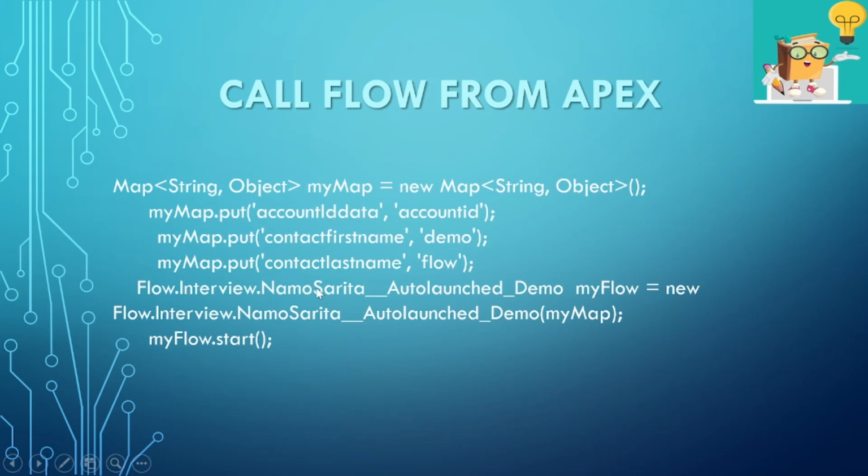So basically an interview instance of the flow. It will be something like Flow.Interview.APIName of your flow, and then in the function you can pass the map, and then you have an option to do myFlow.start, and your flow will get executed. So this is how we can use auto launch flows in your business requirement.